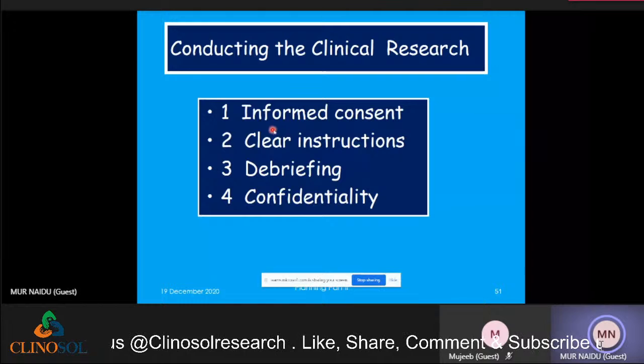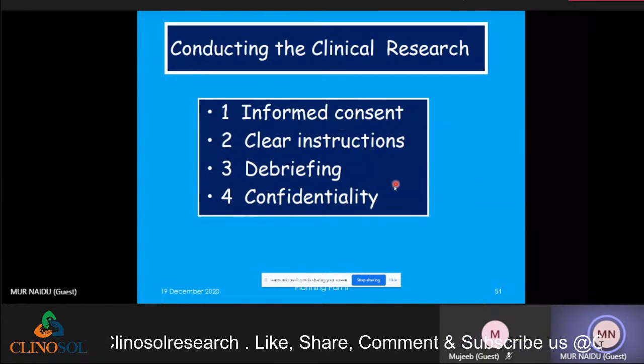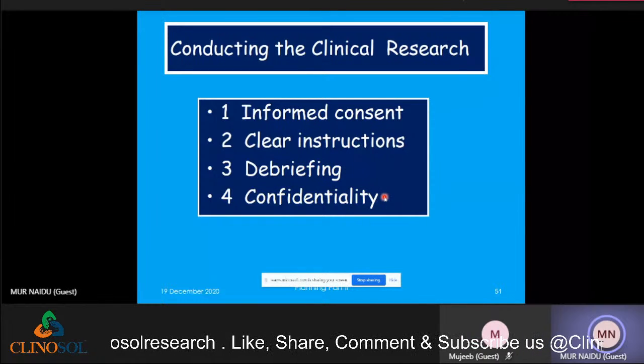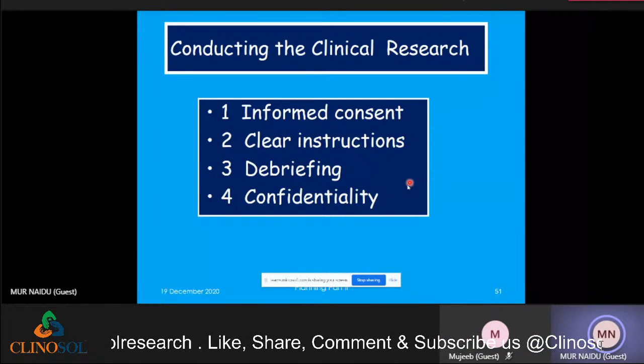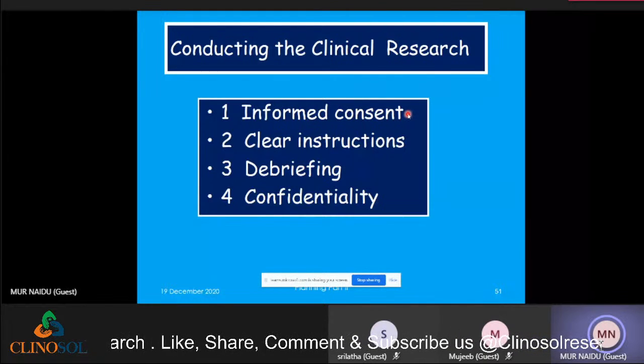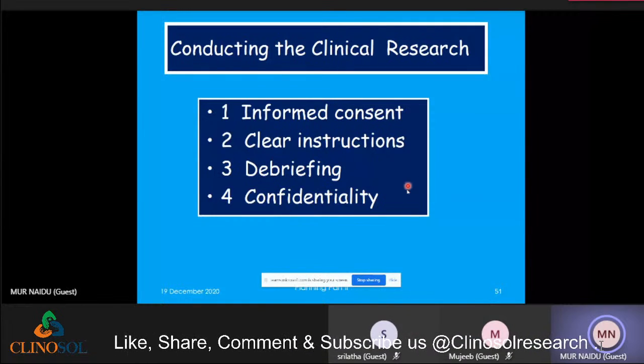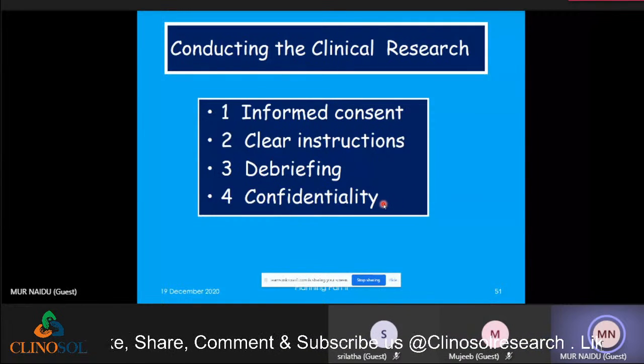It is written in the informed consent that participant data will not be disclosed, and whenever you are doing a publication you are not going to put any names, because the informed consent is the only document where the name of the participant is there. So confidentiality is very important.